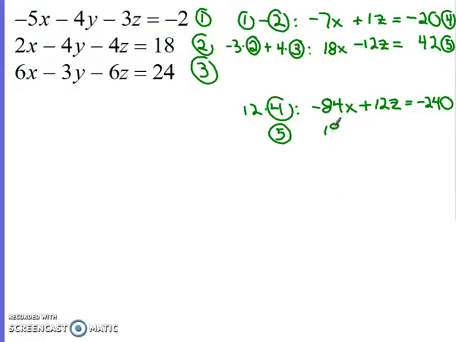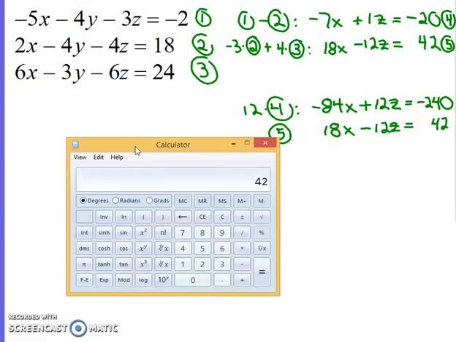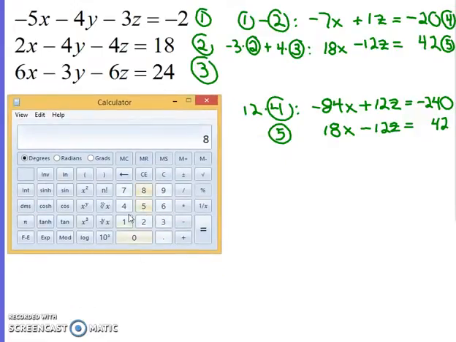So 18x minus 12z equals 42. And then I'll just add those two equations together. Okay. Should get me, z should cancel out. So negative 84 plus 18, negative 66. I'm going to check. I didn't sleep that great last night, so I want to make sure I do it right. 84 negative plus 18, negative 66.